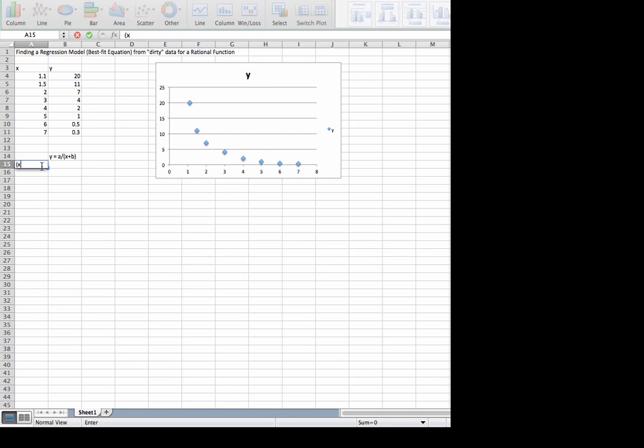x plus b times the y on the left, and then on the right, when we multiply by x plus b, or x plus b over 1, the x plus b quantities cancel, leaving just an a.